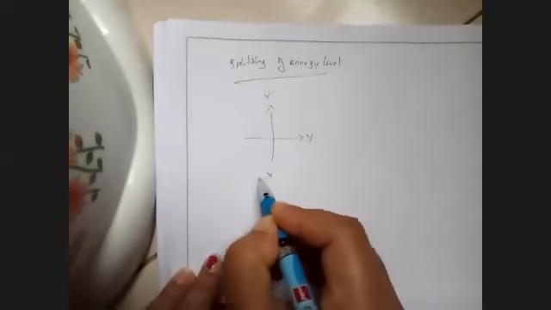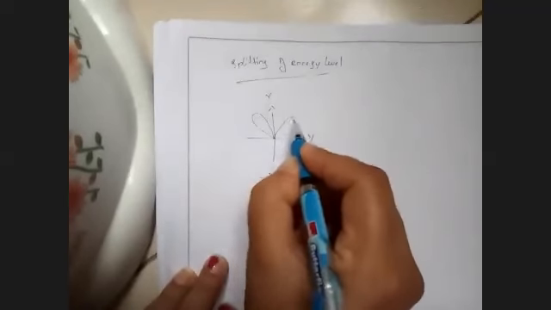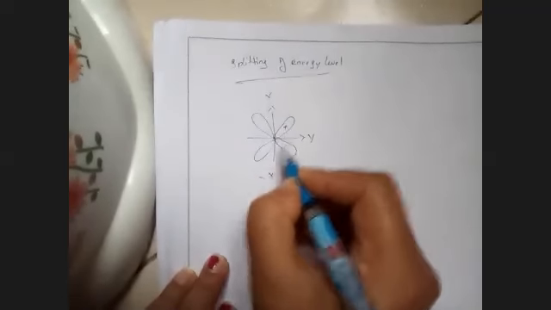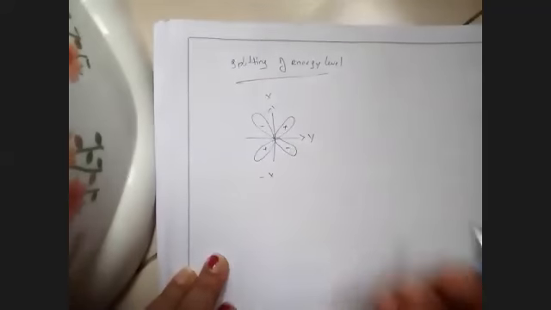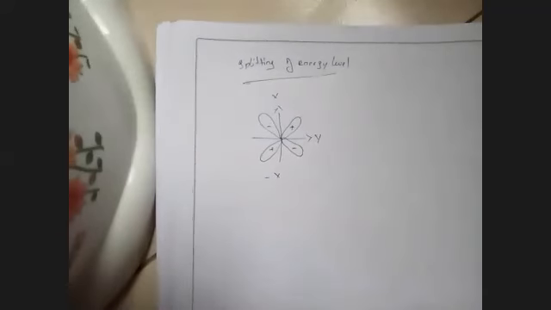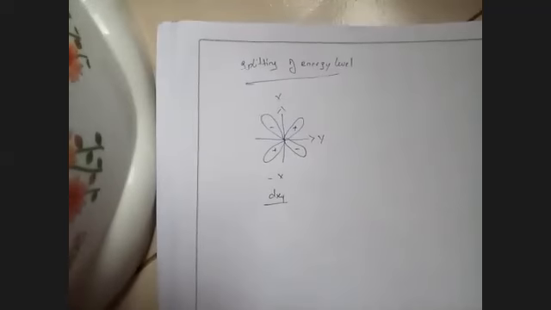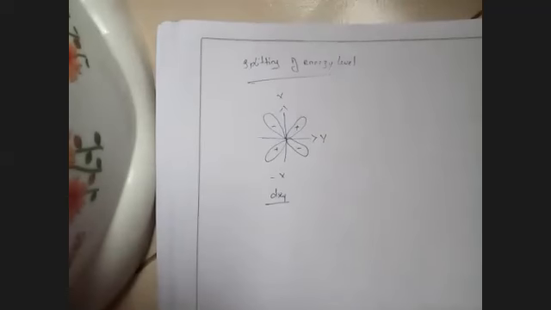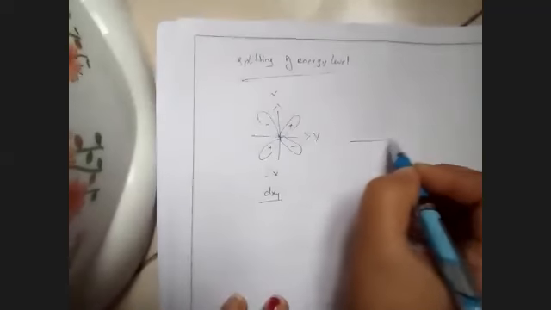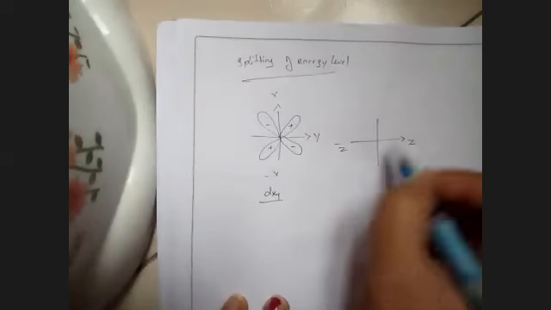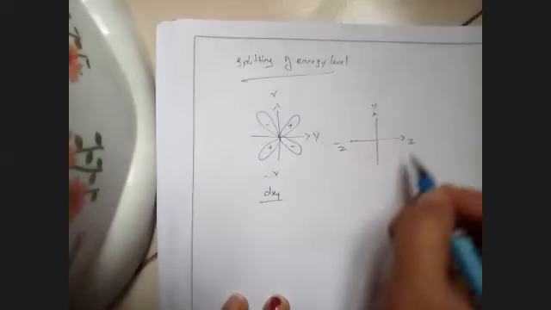So he says this is y axis and this is x axis. This is called x minus and this one is y minus. So the charges are in the opposite direction. So this is the structure of dxy subshell. Z, z minus. Here as usual y.